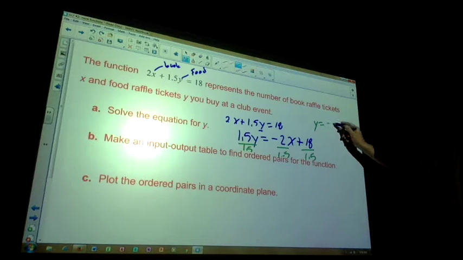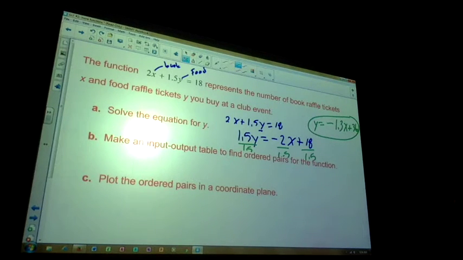I know it's negative. 1.3 repeating. Thank you. What's 18 divided by 1.5? That'll be plus 36. Sweet. We solved for y.